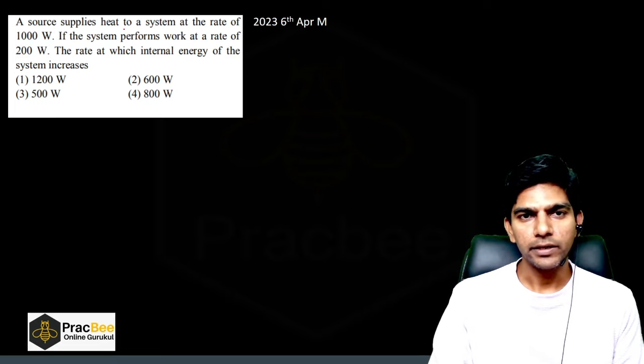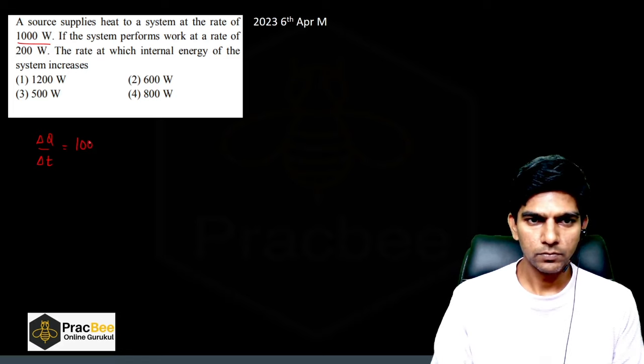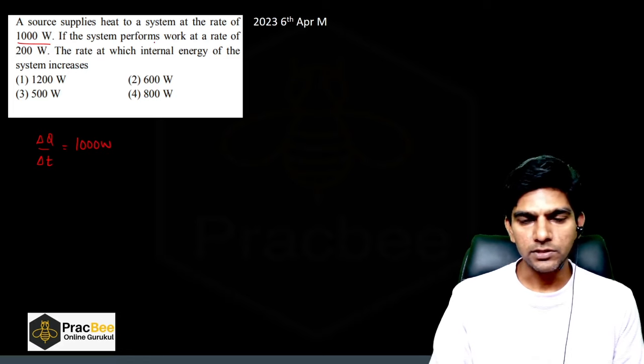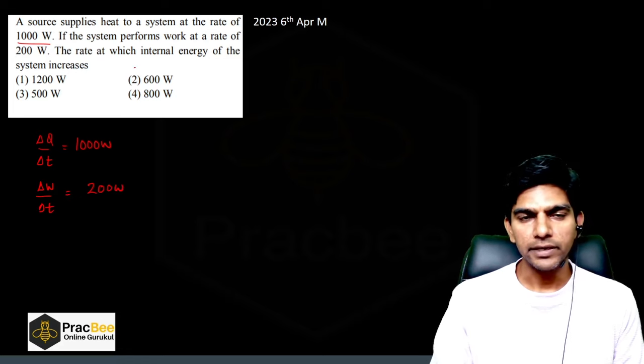Okay, so let us see an illustration. A source applies heat to a system at a rate of 1000 watt. So basically delta Q by delta T is given as 1000 watt. If the system performs work at a rate of 200 watt, so delta W by delta T is given as 200 watt, find the rate at which the internal energy of the system increases.